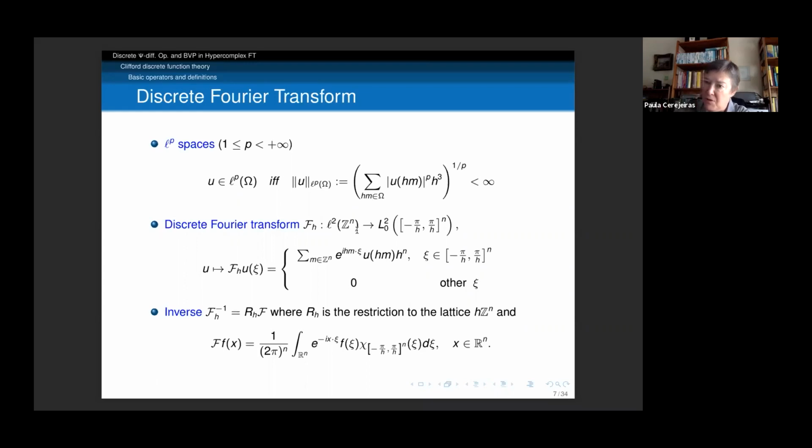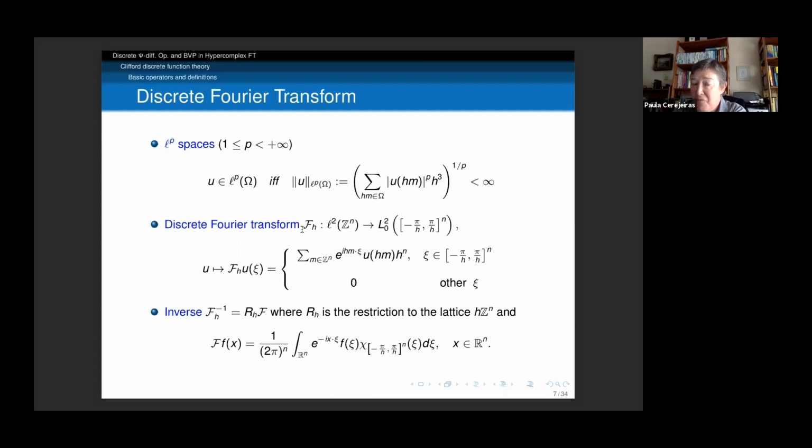I'm going to consider the function defined on the whole lattice Z^n, and create a function with compact support in this cube of L2. You can define it on a torus, but I prefer to give 0 outside this cube. So the function is defined by the sum of the inverse discrete transform averaged by the space dimension of the lattice.